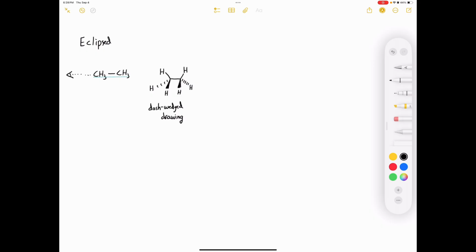And we're looking on this end. Looking down that axis, we can see here that the H's in my sawhorse drawing are going to look like this. Both atoms are now eclipsed. Both carbon atoms and their groups are now fully eclipsed.